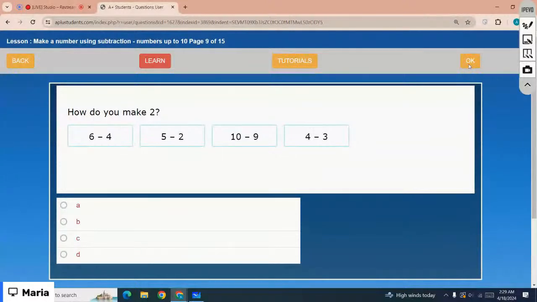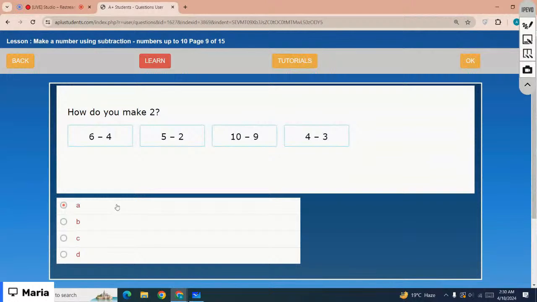How do you make 2? That is option number 1. 6 take away 4 is the one that makes 2, isn't it? The correct option is yes, A is the correct option.